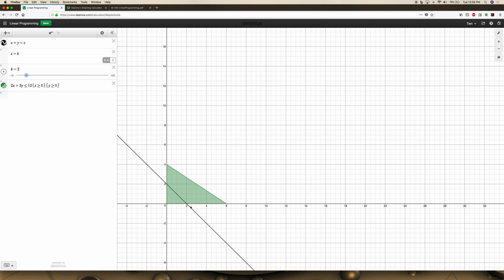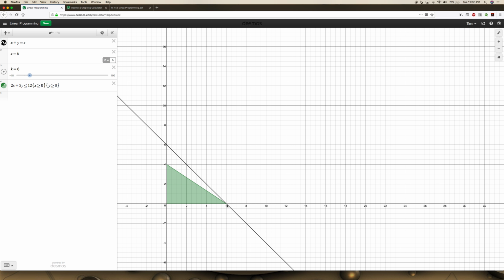As I make it bigger, if I want x plus y to be 2, boom, these are all of the points here that will make x plus y 2. But can I make it bigger than that? Yes, I can make it 4, and boom, here are all the points that make x plus y 4. Can I do better than that? Yes, I can go all the way up to 6.